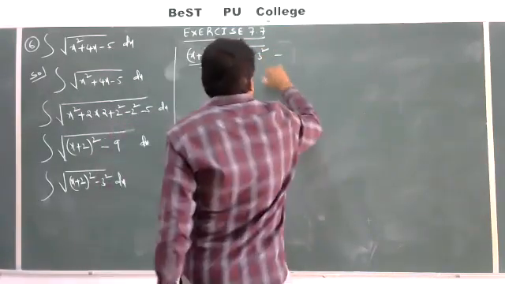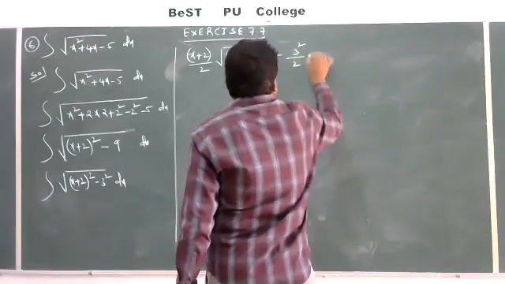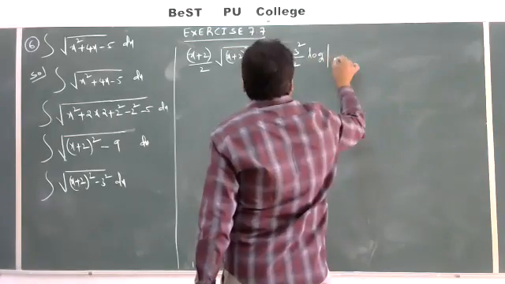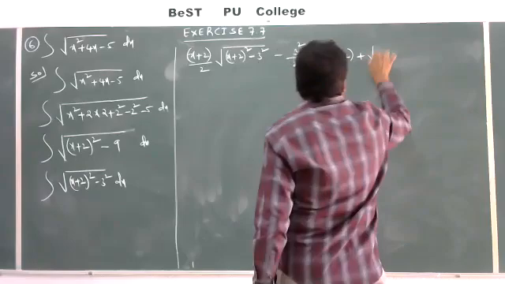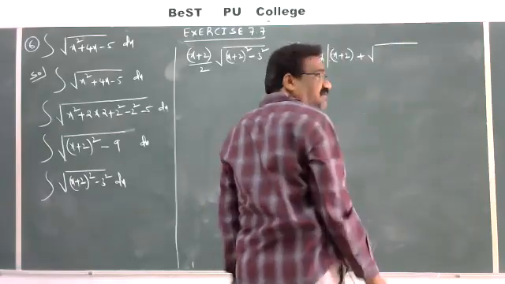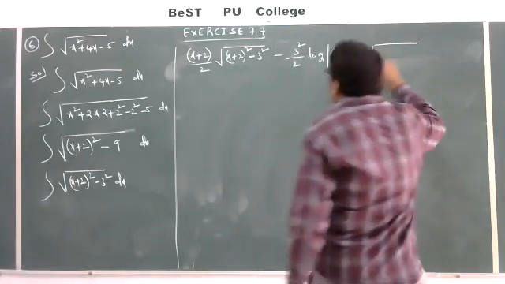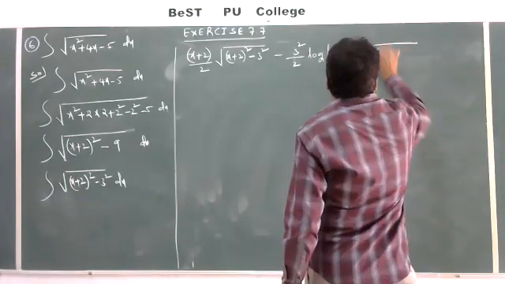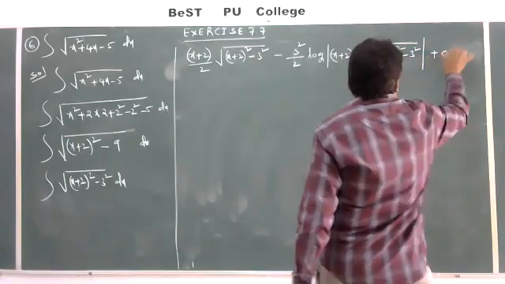square by 2, that is 3 square by 2 into log mod x plus 2 minus root of x plus 2 whole square minus 3 square, plus c.